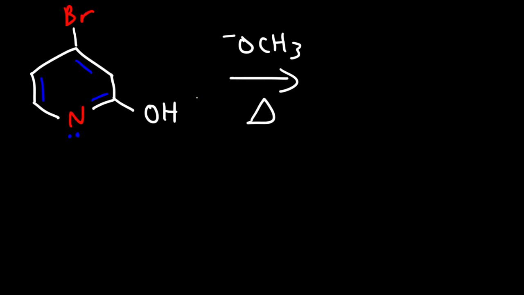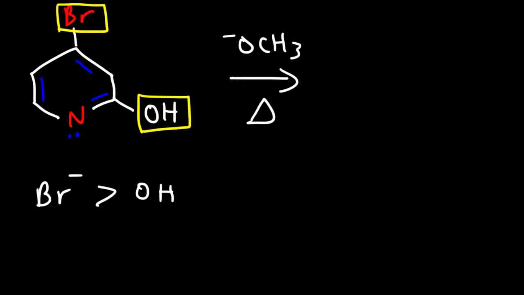So we have a leaving group on positions 2 and 4. So which one will be replaced? Well, we need to determine which group is a better leaving group. Bromide is a better leaving group than hydroxide because hydroxide is a stronger base. The weaker base is usually the better leaving group.